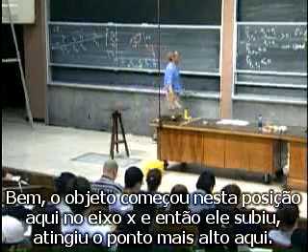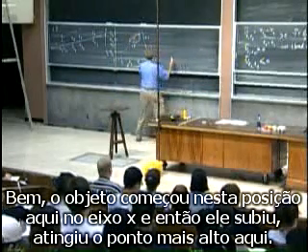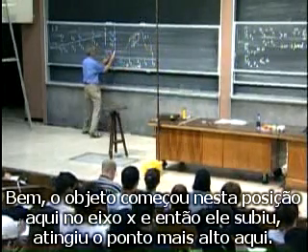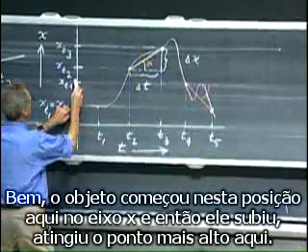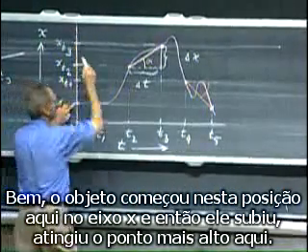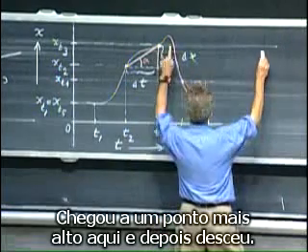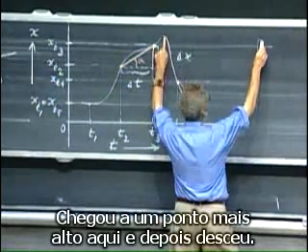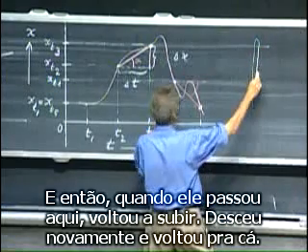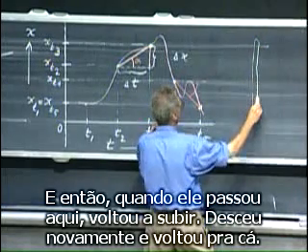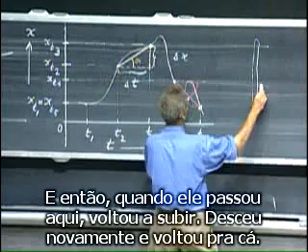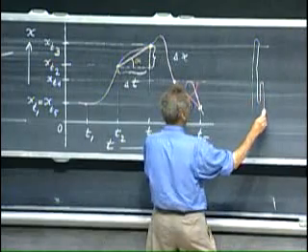Well, the object started at a position here on this x-axis, and then it went up, reached the highest point here. So I'll make a drawing for you here. Reached the highest point here, then it went down, and then when it went here, it went up again, and it comes down again, and it's back.